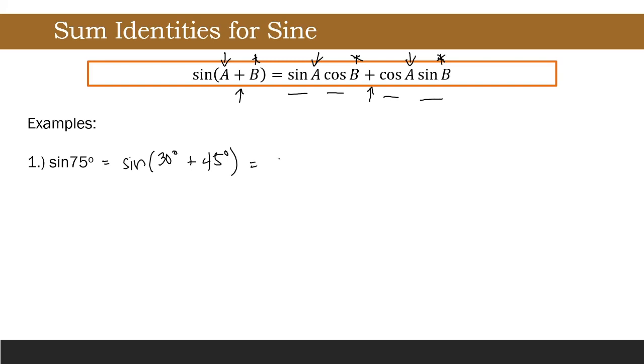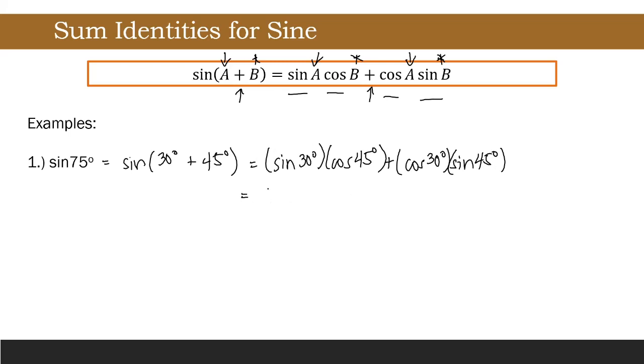Tapos, gamitin natin yung pattern, sin, cos, cos, sin. Tapos, dahil addition din yung nandito. First angle is 30 degrees. Second angle is 45. So, imo-multiply natin itong dalawang ito.